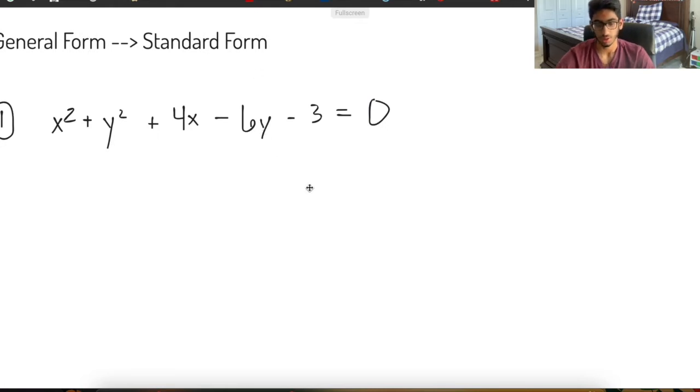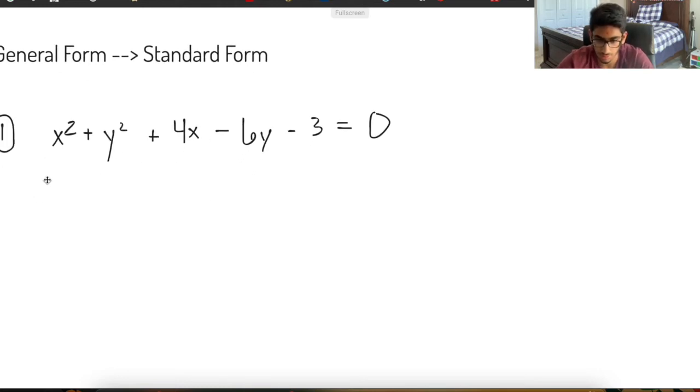Okay, so in this equation, which is in general form, we're trying to change it into standard form. The way you want to convert these is by using the complete the square method. The first step is to group all the like terms together.